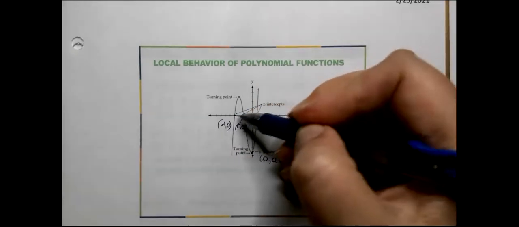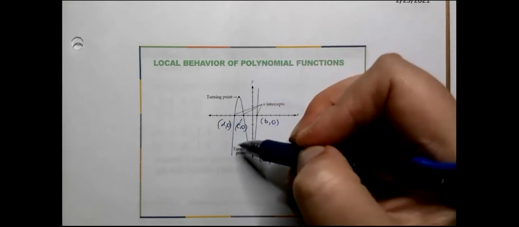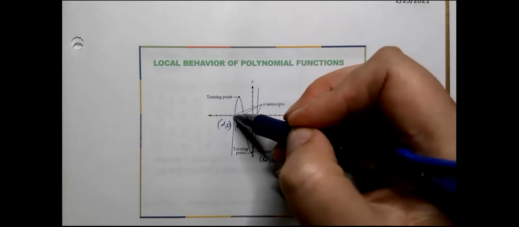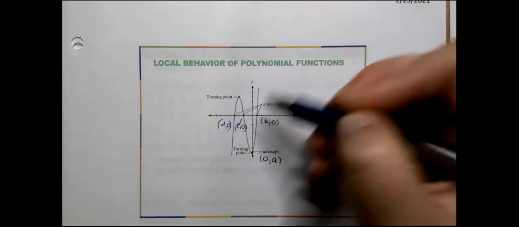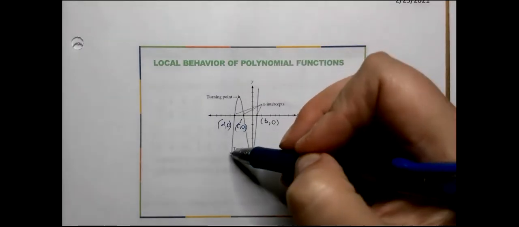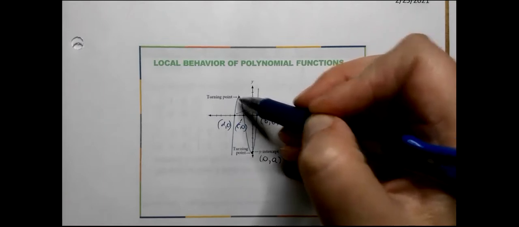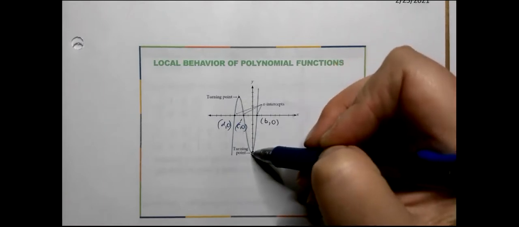Okay, so for example, this graph or function has 1, 2, 3 x-intercepts, one y-intercept, and it has 2 turning points. What are turning points? Turning points are your local maximum or local minimum points.